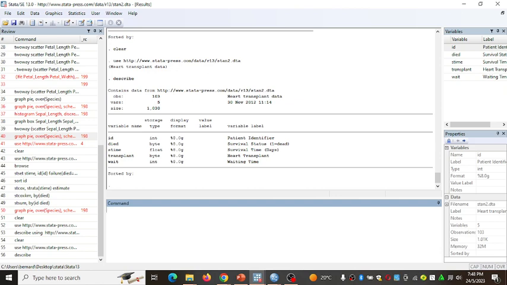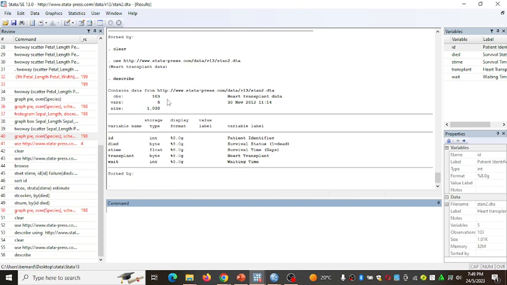What is happening from your side? I'm sure you've done the same. So we have data from the STATA database.